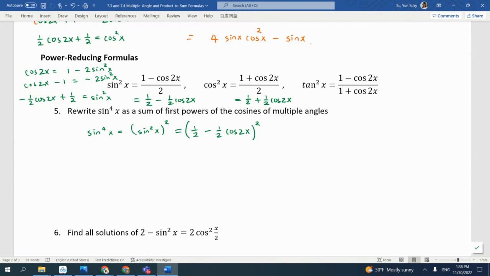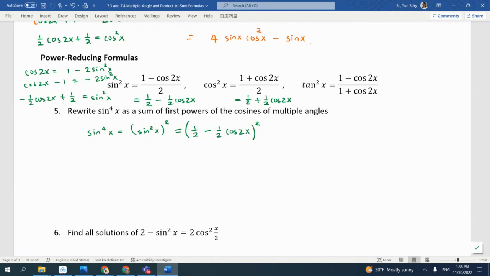And this is 1 over 2 plus cosine 2x over 2. So sine squared and cosine squared, the formula is very similar. This is 1/2 minus 1/2 cosine 2x. This is 1/2 plus 1/2 cosine 2x. They both have 1/2 and 1/2 cosine 2x. One is negative, one is positive. Okay, everybody?